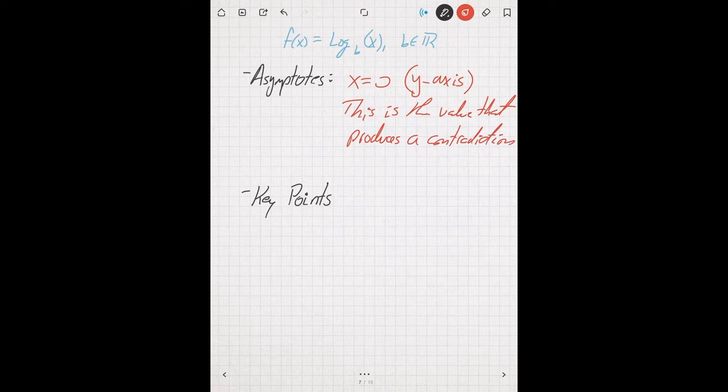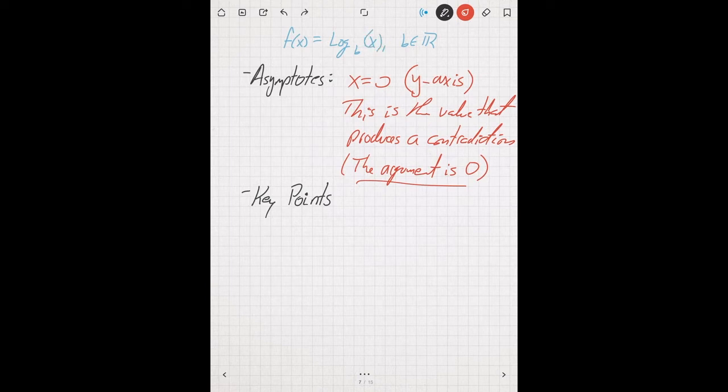I should say, when the argument is 0, that's when we get the contradiction, when this whole inside part here is a 0.